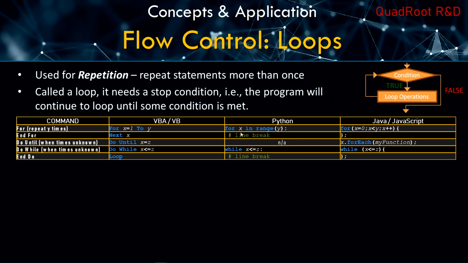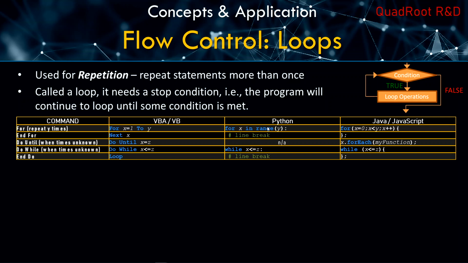In Python, the same for loop is represented as for variable in range y, and then a colon, which signifies that everything after that has to be indented. So what it'll do is that from the starting value of x till y, it will do the operations.